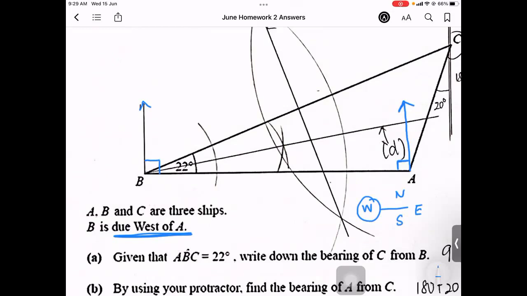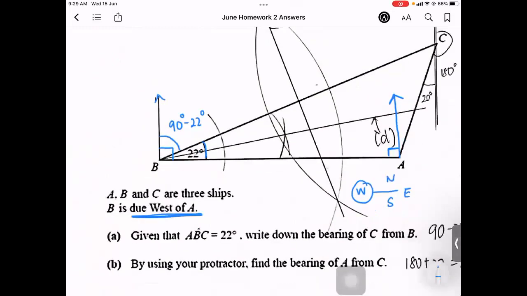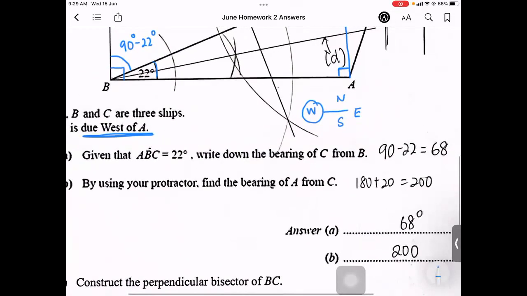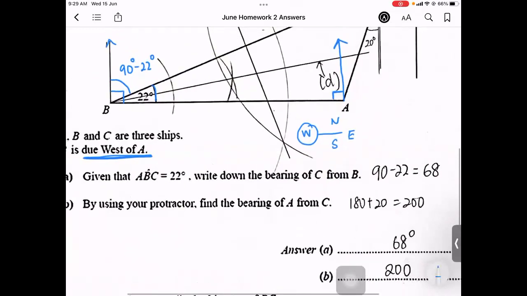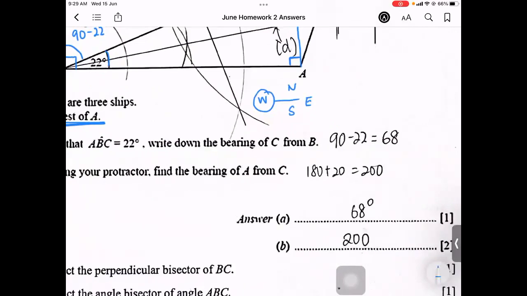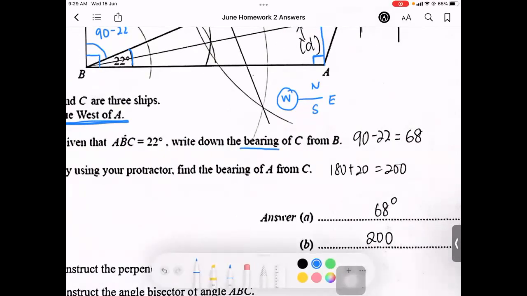Okay, given that this one is angle 22 degrees, then this one over here will be 90 degrees minus 22 degrees. Okay, which give you your answer, 68 degrees. But then, I forgot to write the answer. Write down the bearing. Bearing should be 3 digits. You see, I also never write. 068.